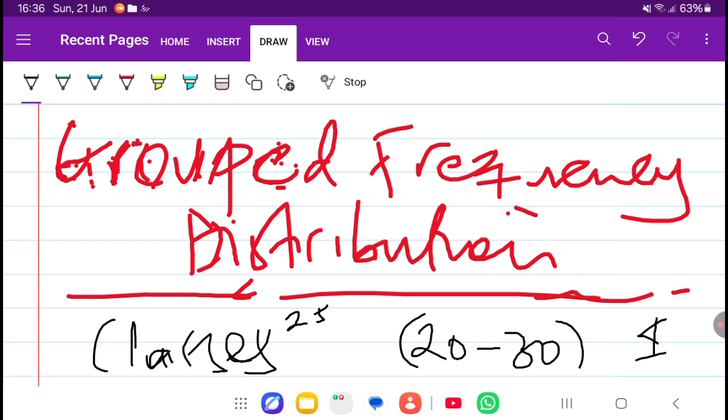So we looked at some of the terminologies, because we are saying it is classes and then frequencies, or the class intervals and the class frequencies. We needed to understand what are the types of classes that we have under these grouped frequency distributions.